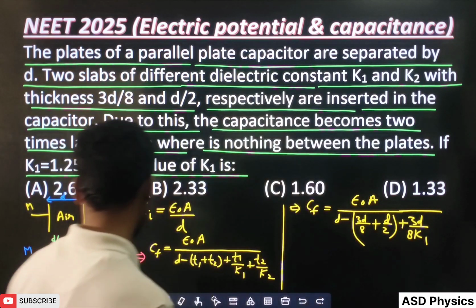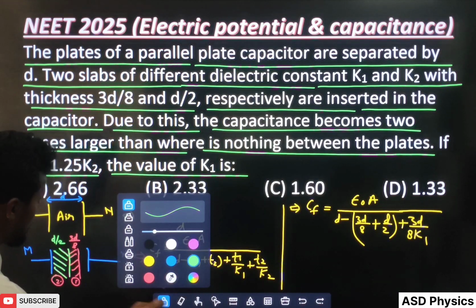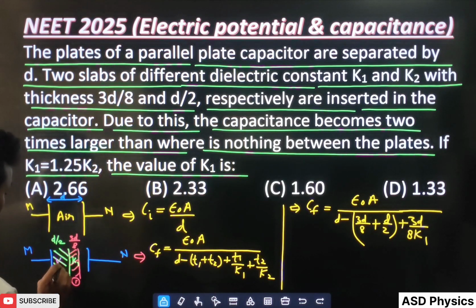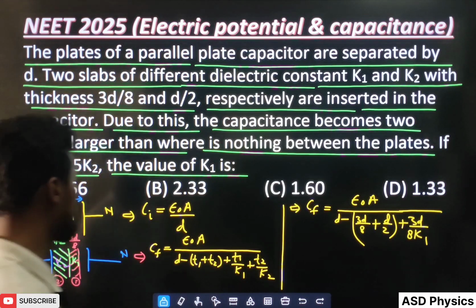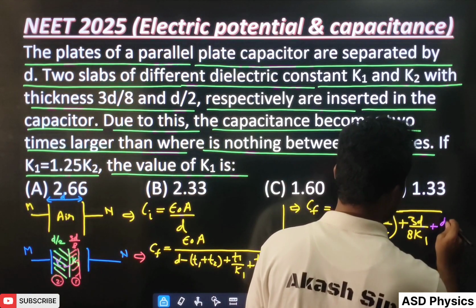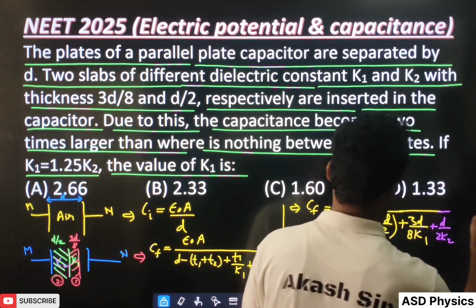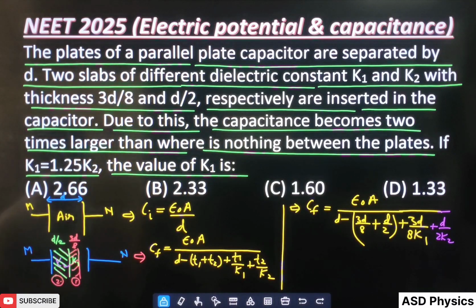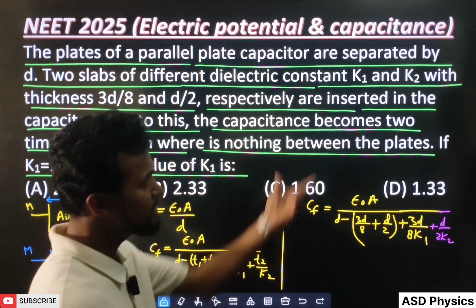This is given with K1 and this is given with K2, so we can't interchange them. So 3D by 8 K1 and after that plus D by 2 K2. Are we doing correct? Now first we'll simplify this, then we'll make it twice.